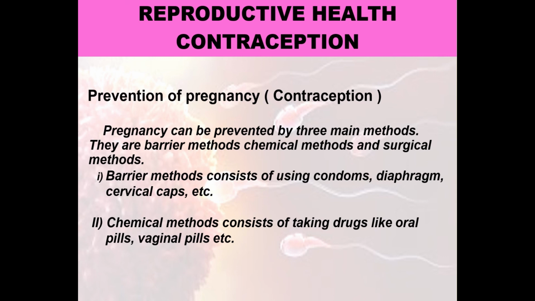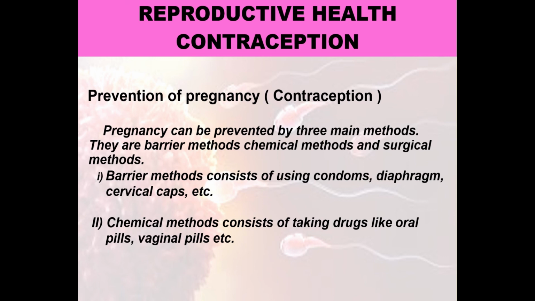Barrier methods are condom, diaphragm, and cervical caps. Condoms may be male condoms, and they can be female condoms. Condoms do not allow the male and the female genital organs to come in direct contact with each other.